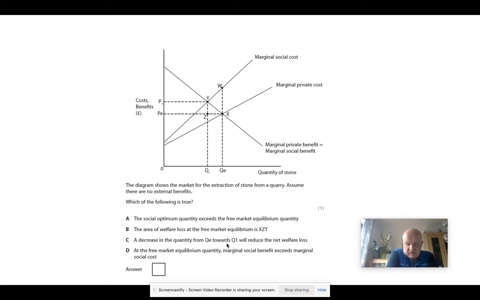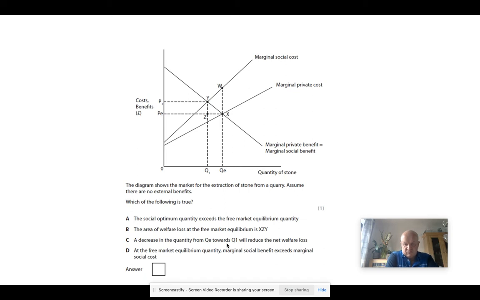In this case, the marginal social cost is higher than the marginal private cost, so we're going to have some deadweight loss, some welfare loss there, aren't we? So we should be able to assess whether the social optimum quantity exceeds the free market equilibrium quantity. Well, it clearly would be the case, wouldn't it?